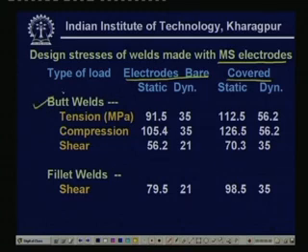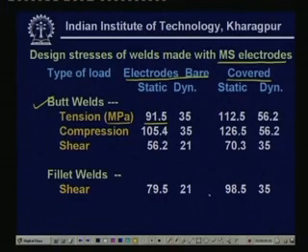You see, if you consider a butt weld, then the tension value here is 91.5, everything in megapascal, but the dynamic stress, because of the fluctuating stress, has more failure probability. So, when we have the dynamic load, we will have to make the allowable stress quite low. That is taken care of by the fatigue stress concentration factor as well.